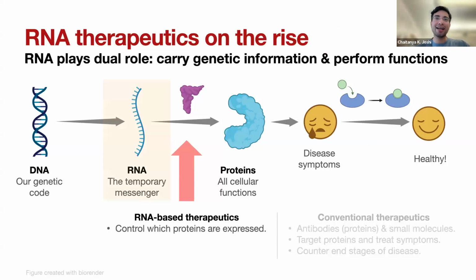So with RNA, you can control which proteins are being expressed in the cell. And a lot of RNA therapeutics are functioning upon this idea that if you know about disease-causing information pipelines in the cell, you can perhaps cut off that information much earlier through RNAs, and intervene much earlier.